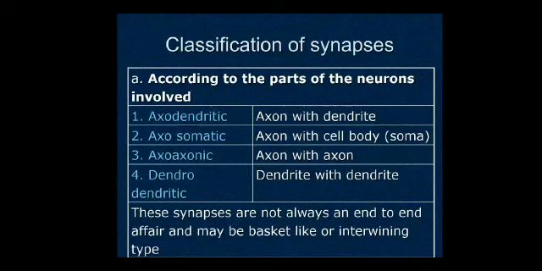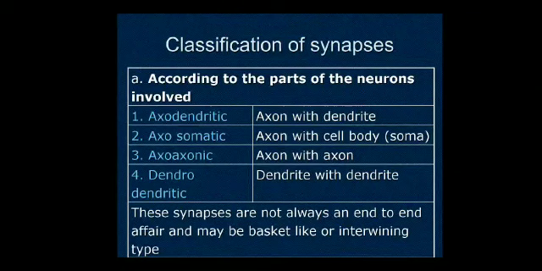Now we'll see the classification of synapses according to the parts of the neurons involved, that means according to where the synapse is formed. If the synapse is formed on the dendrites, it's called axodendritic. If the synapse is formed on the axon, it's called axonic.